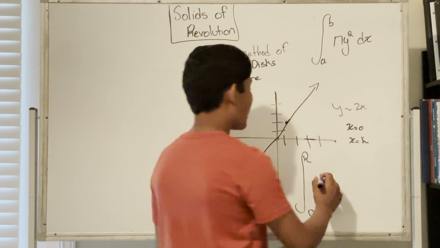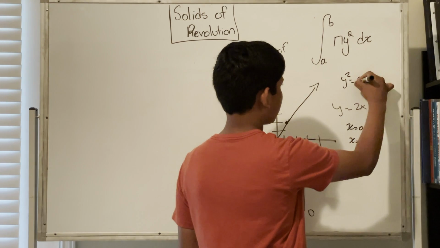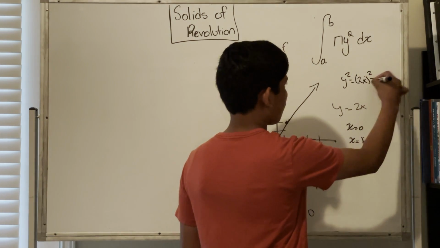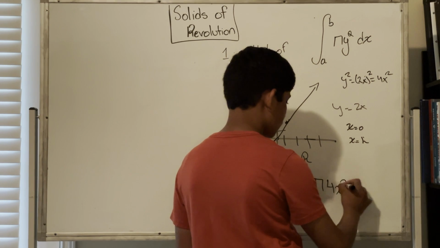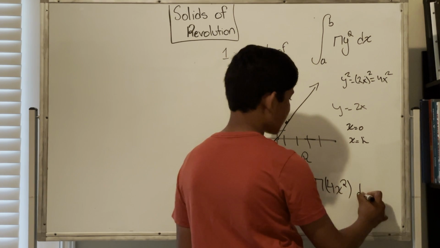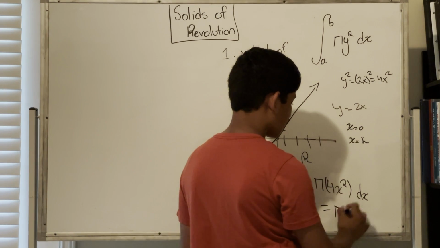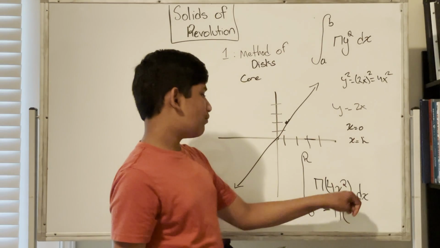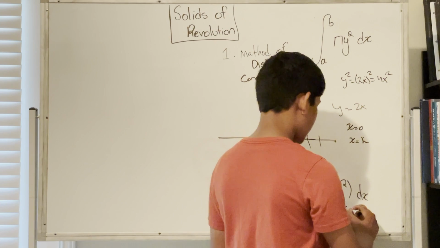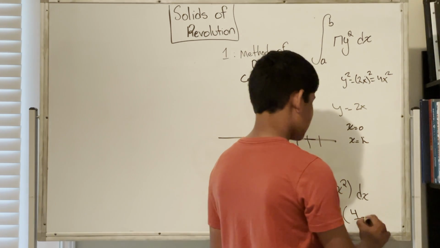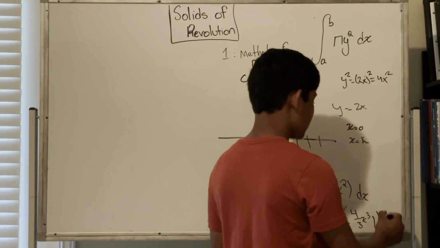And we're going to have pi times y squared. Y squared is just going to become 2x squared, which is just 4x squared, dx. And if we integrate this, we're just going to get pi times, if we take x squared, this is going to become x cubed over 3. So we're going to have 4/3 x cubed, and we're going to evaluate this from 0 to h.